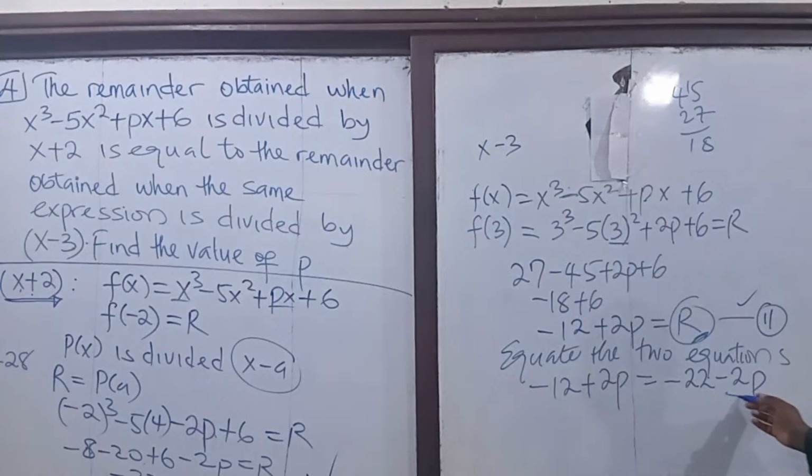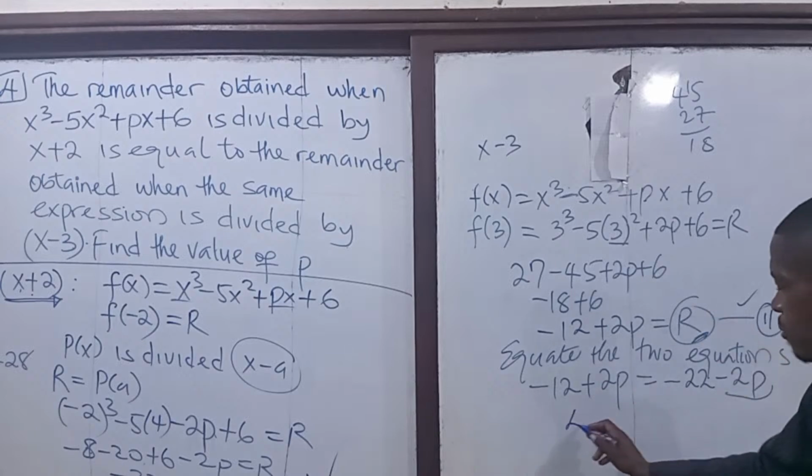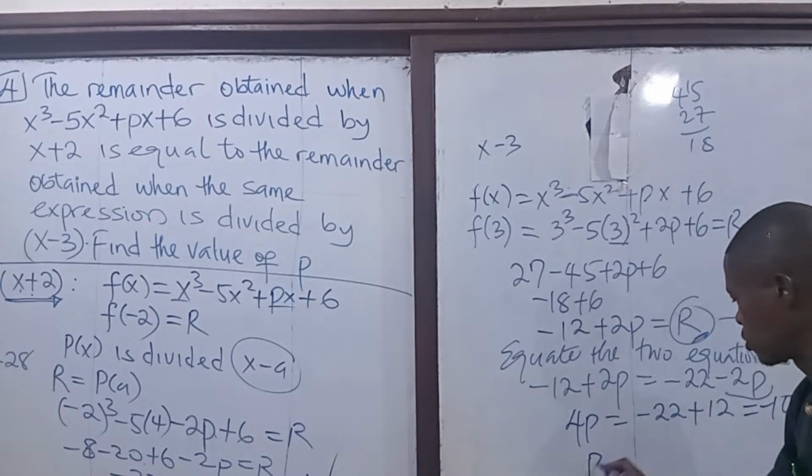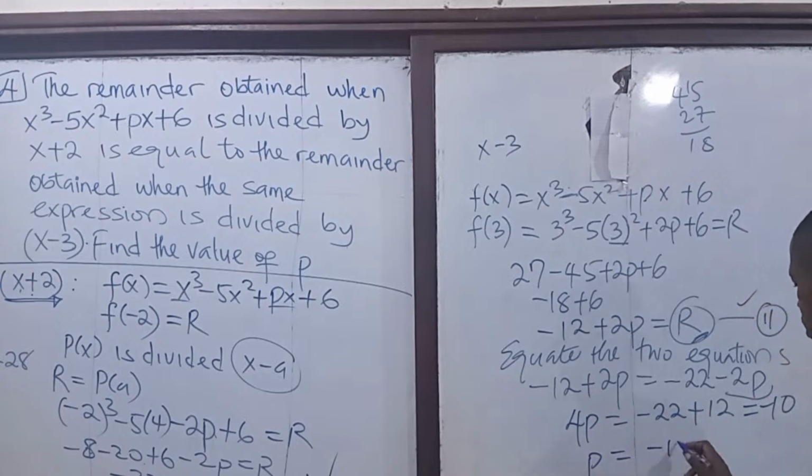Move the minus 2p to the other side: 5p equals minus 22 plus 12, which is minus 10. So p is equal to minus 10 over 5, which is minus 2. That's the value of p for that case.